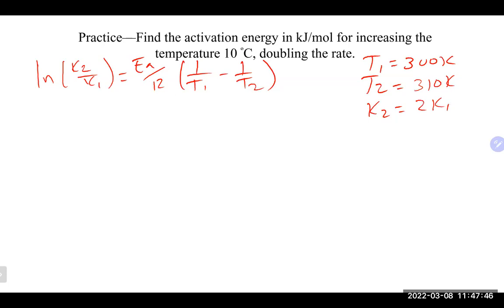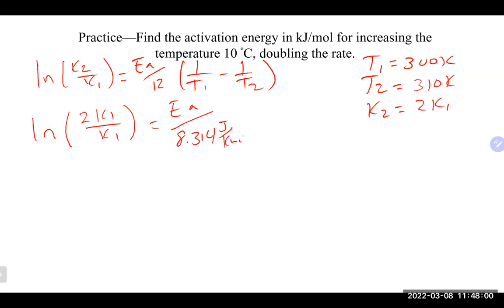So in this case, if we put our numbers in, the natural log of 2K1 over K1 is equal to Ea over R, which is 8.314 joules per Kelvin per mole, times 1 over our first temperature, which is 300, minus 1 over our 310 Kelvin.